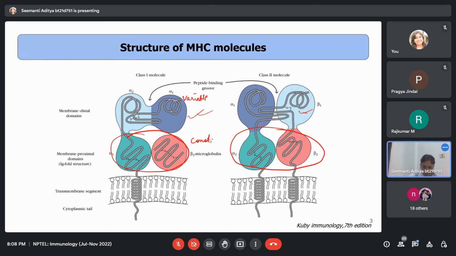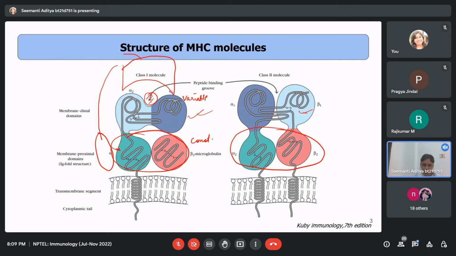And CD4 will interact in this way. CD4 interacts with this constant region. Here there will be a peptide that will interact with a T cell receptor over here. So the peptide binding groove will contain a peptide which is directly interacting with an MHC molecule and a T cell receptor.